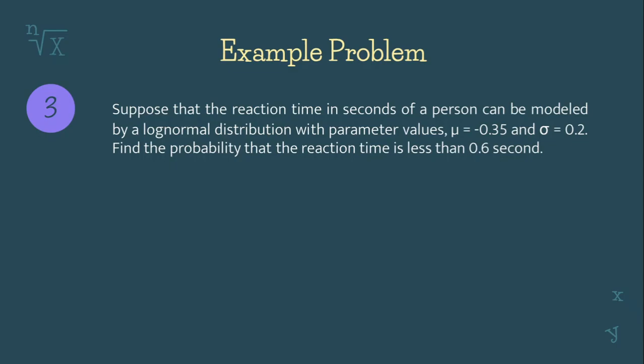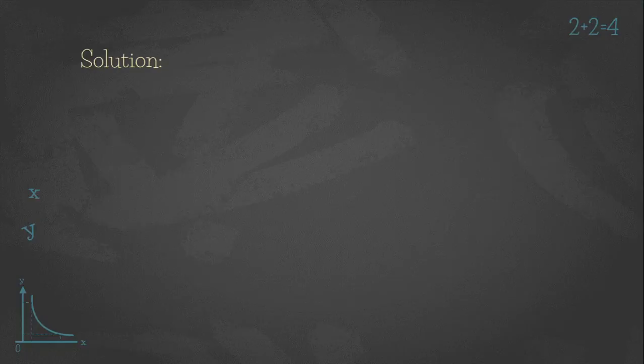Example problem number 3. Suppose that the reaction time in seconds of a person can be modeled by a log-normal distribution with parameter values mean equals negative 0.35 and standard deviation equals 0.2. Find the probability that the reaction time is less than 0.6 second. Solution.